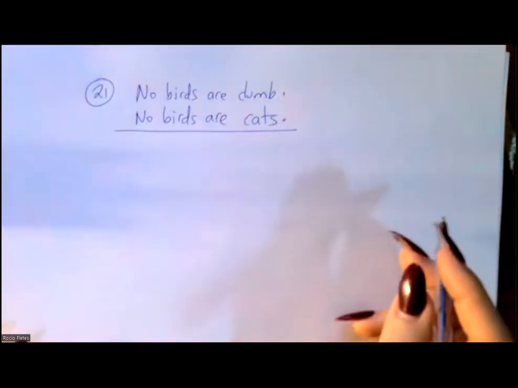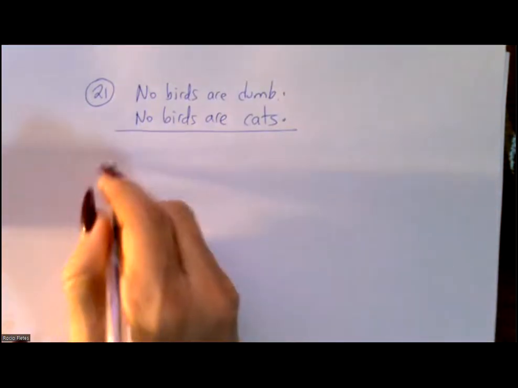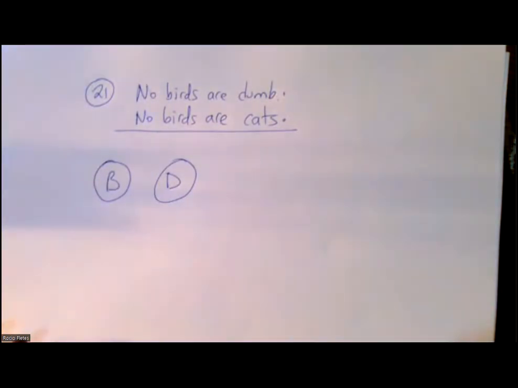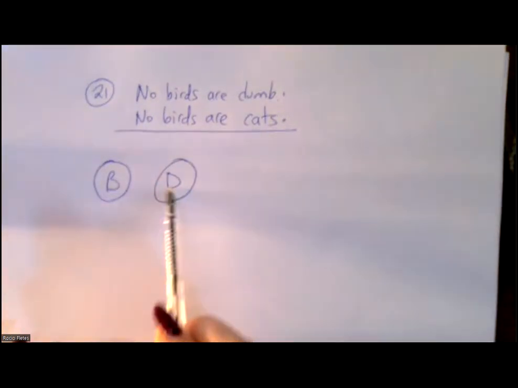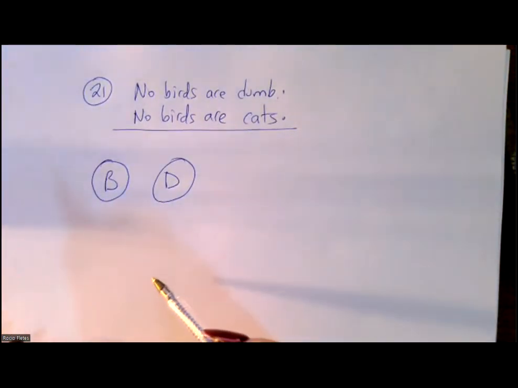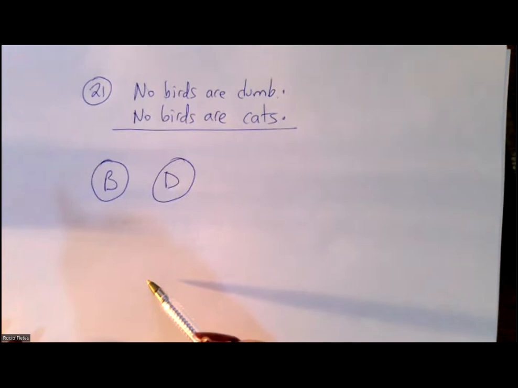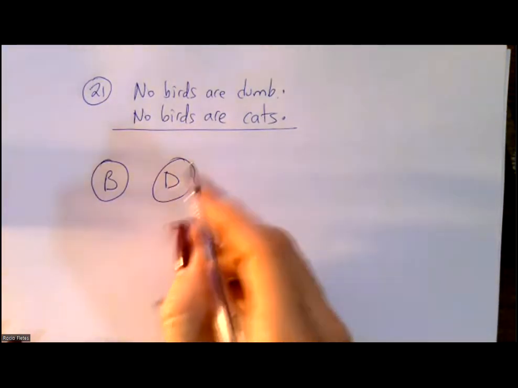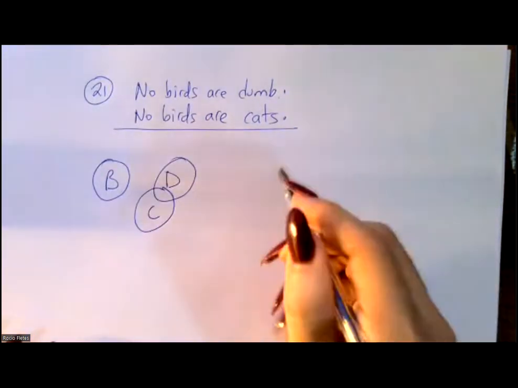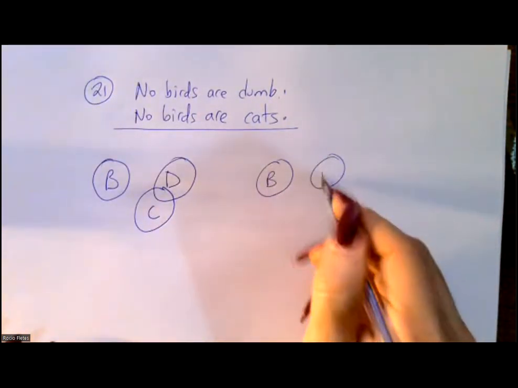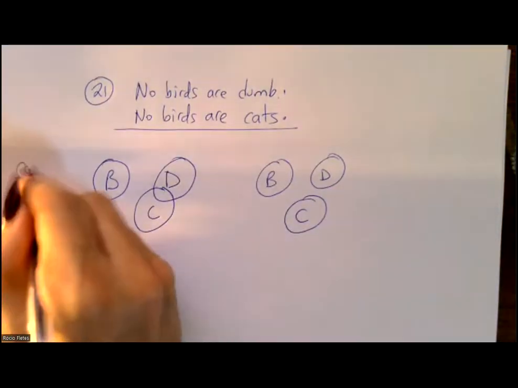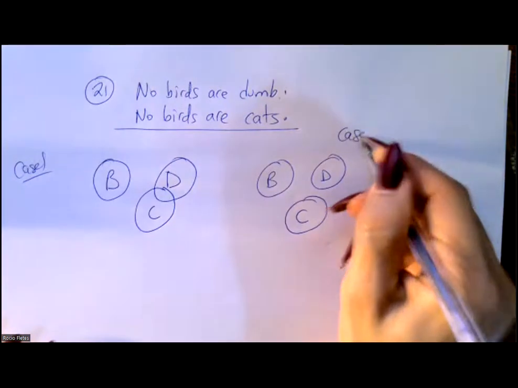No birds are dumb. So the birds and the dumb set, we're going to put them separately. That's the first premise. No birds are cats. Well, you can have cats overlap with D, that's one case. Or you can have all of them disjoint, that's case 2.